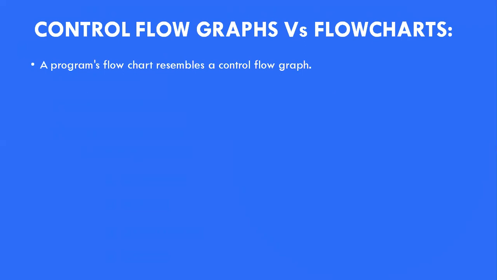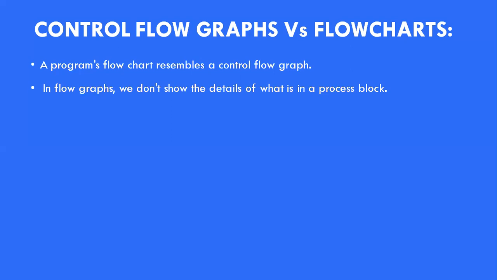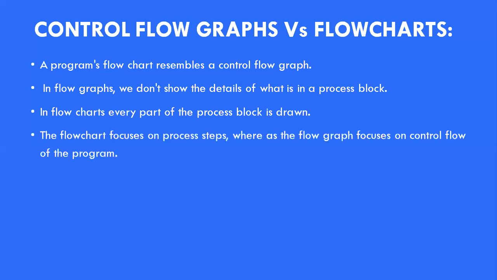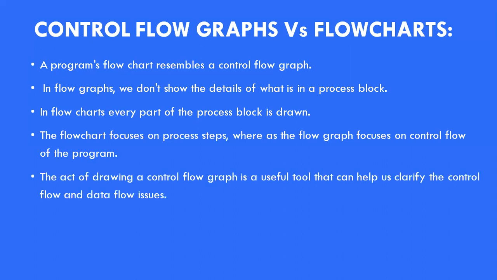The flow chart focuses on the process steps, whereas a flow graph focuses on the control flow of the program. Drawing the control flow graph is a useful tool that can help us classify control flow and data flow issues.